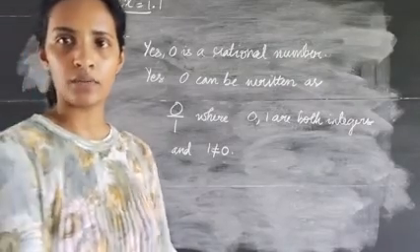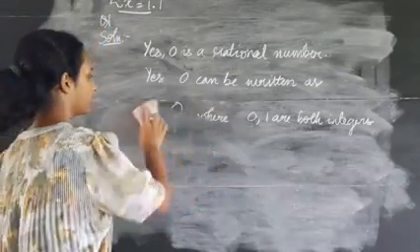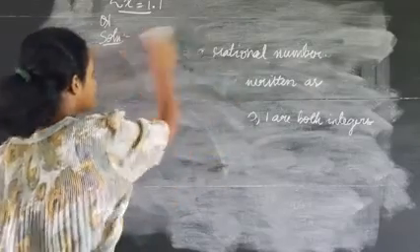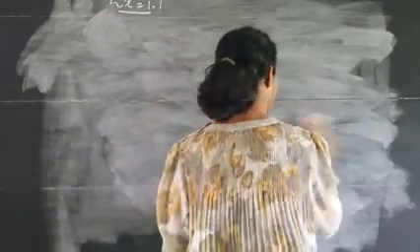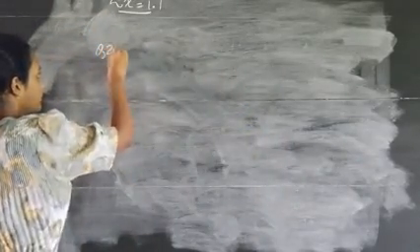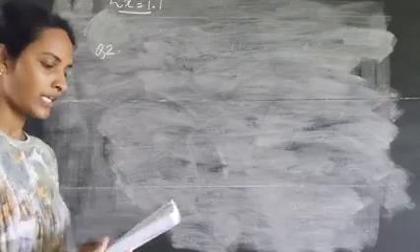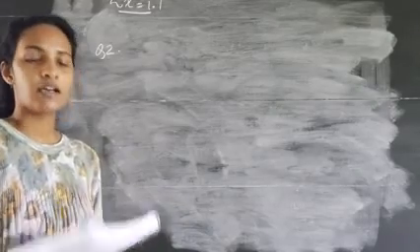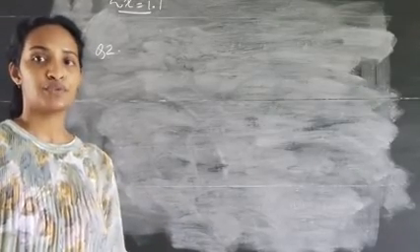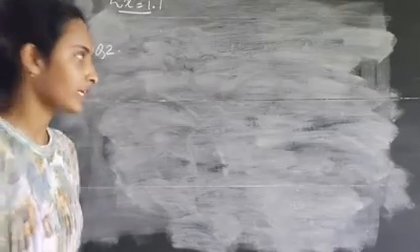So now the second question. In the second question, they are telling us to find 6 rational numbers between 3 and 4. So how do we find?